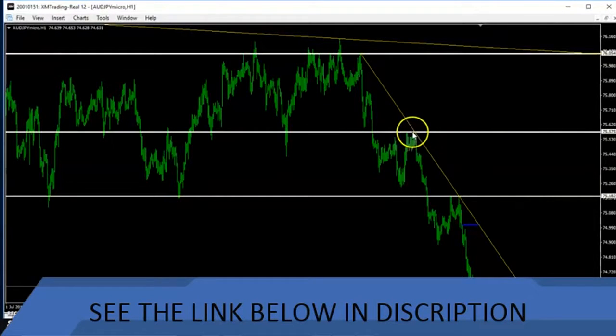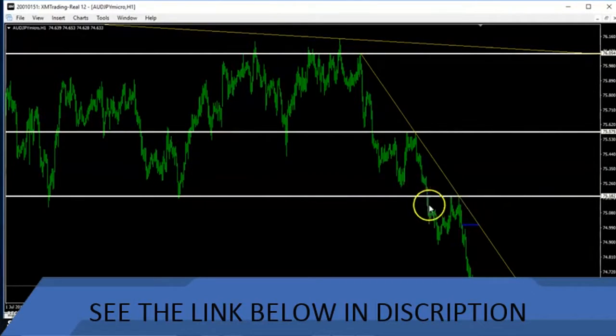Okay, then it will do another 100 pips drop between this line and this line. It's almost 100 pips. Okay, then this was the low of that time, which became the top of now.